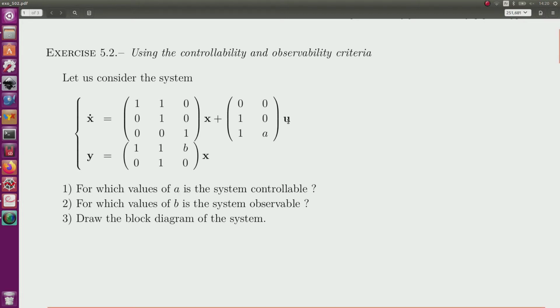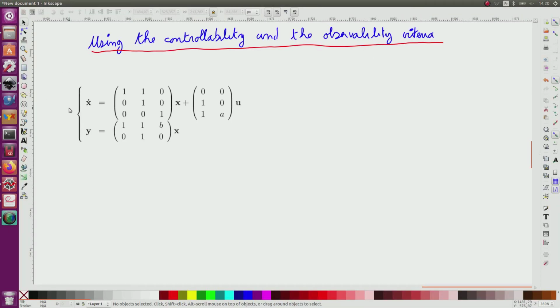so we can understand that a is a link between the input and the state, so it is related to the controllability of the system, whereas b is in the observation matrix and is related to the observability. So here I have my system, and for question number 1 I will see what happens for the controllability of the system.